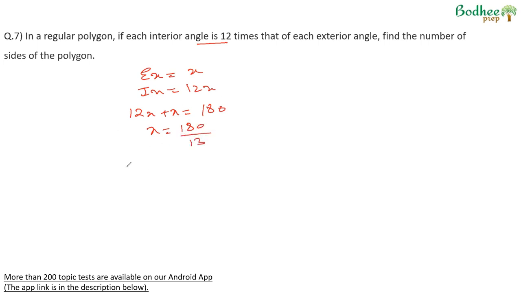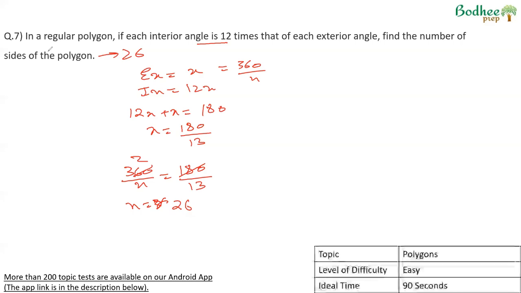Also, we know that the exterior angle is 360 by n, where n is the number of sides. So 360 by n is equal to 180 by 13, and therefore n comes out to 26. 13 twos are 26. The number of sides, n, 26 becomes my answer. Easy question, just put in the formulas and solve.